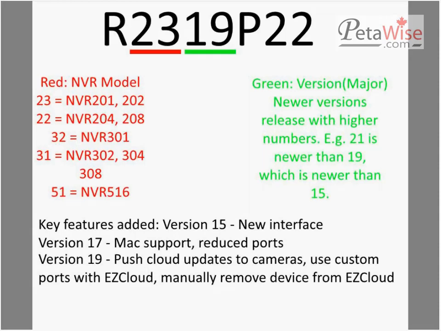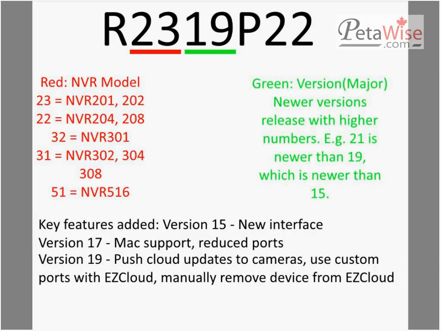Now, we do introduce a whole host of stability updates, security updates, and new features in every new firmware release. But a couple of the major features to keep in consideration are: in 2315, we moved to a new interface style from the previous firmware versions. If you've been working with NVRs for a while, you may remember the old interface.